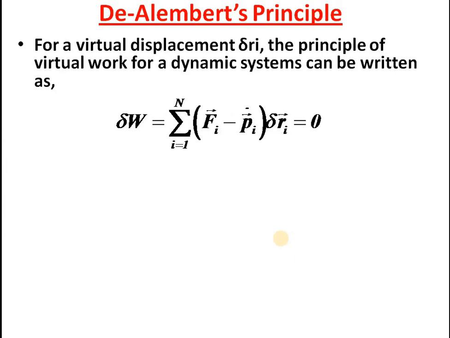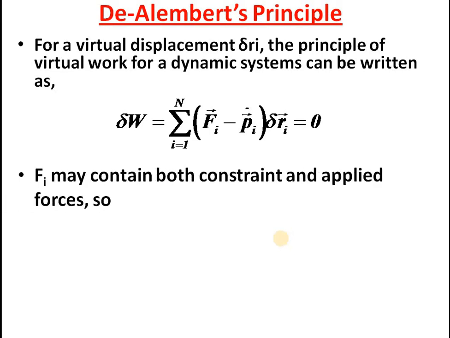now let us express D'Alembert's principle in its fullest form. We can write it for any virtual displacement, the principle of virtual work for a dynamical system. You can rewrite your principle of virtual work in a new form. We have delta W equals summation of (Fi minus mi ai) dot delta ri.